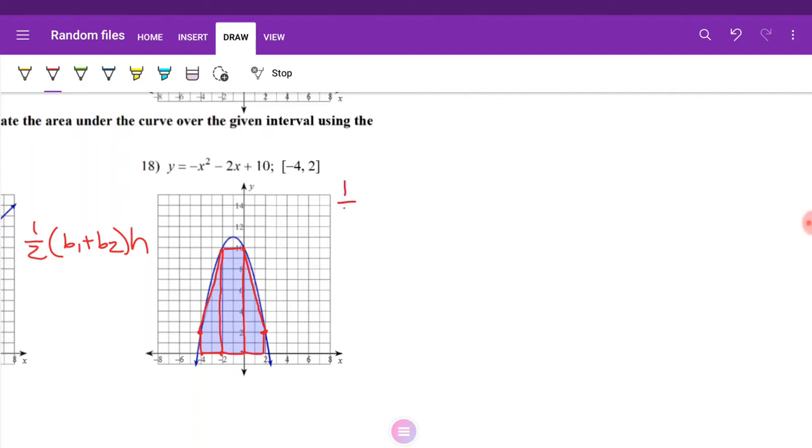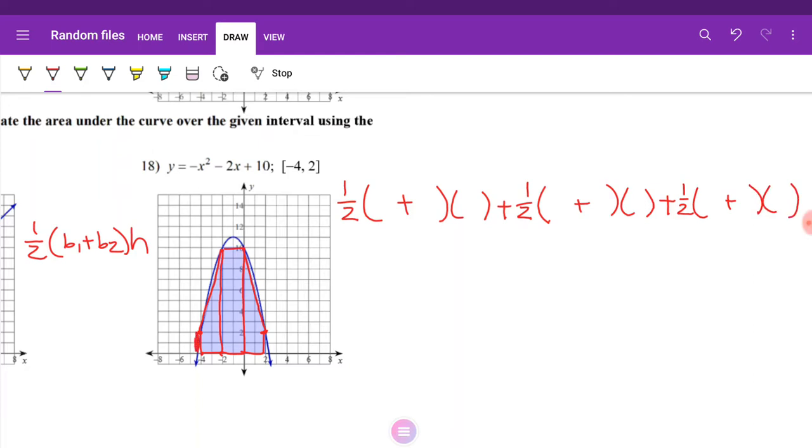So we have 3 trapezoids. 1/2 base 1 plus base 2 times height, plus 1/2 base 1 plus base 2 times height, plus 1/2 base 1 plus base 2 times height. So this first trapezoid, base 1 is 2, base 2 is 10.